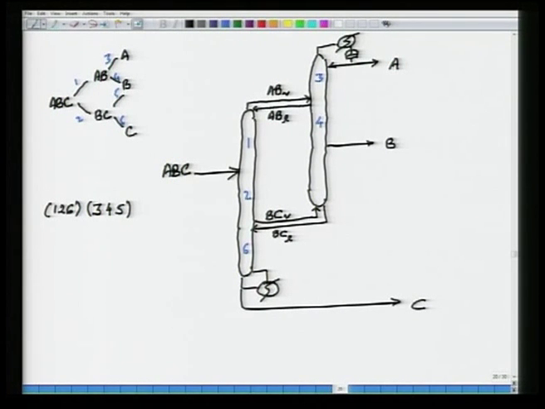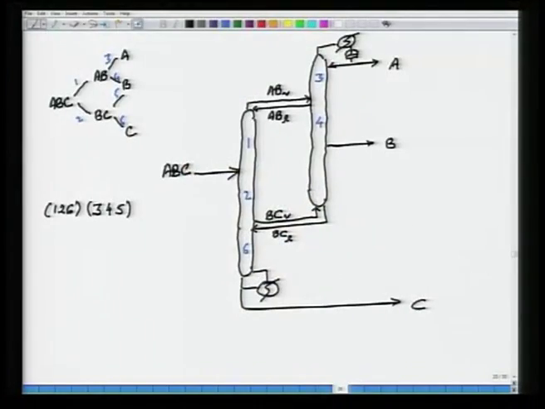Okay. What do we have here? Here we have another complex configuration where I am doing 1, 2 and 6 in the first column, and I am doing 3, 4 and 5 in the next column. How does it work? You got ABC. If you rectify ABC, you will get richer in AB.